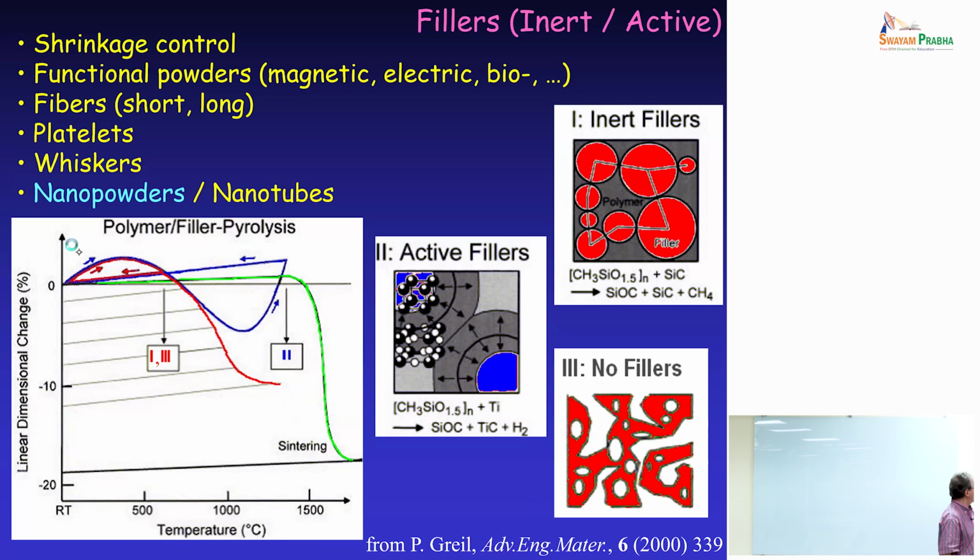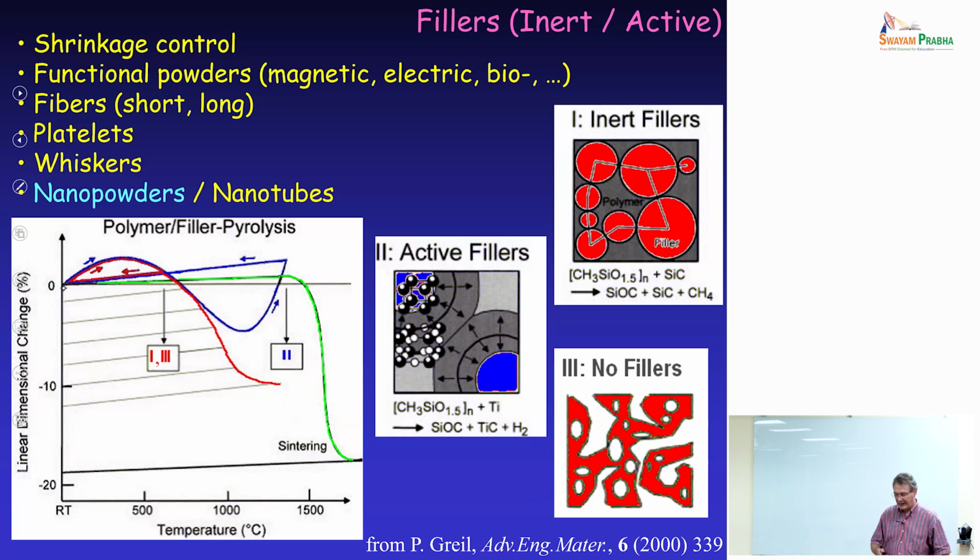If you use no fillers, then you have your shrinkage and you end up with porosity and cracks. If you use active fillers, you can even reach a larger volume during pyrolysis and generate near net shape components.